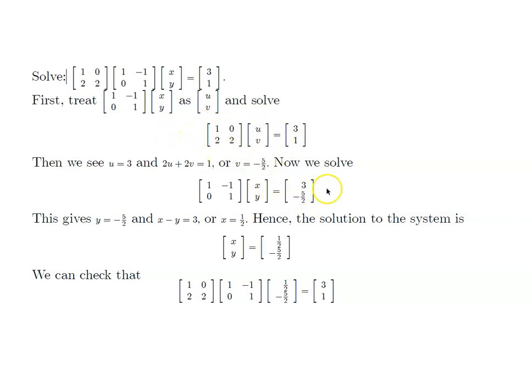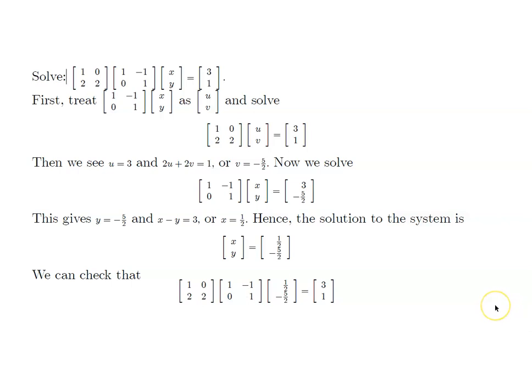Then we take that solution and say that the upper triangular matrix times [x,y] should be equal to [3, -5/2], and solve for x and y from there. So it's a two-step process: first solve the lower triangular system, and then solve the upper triangular system.